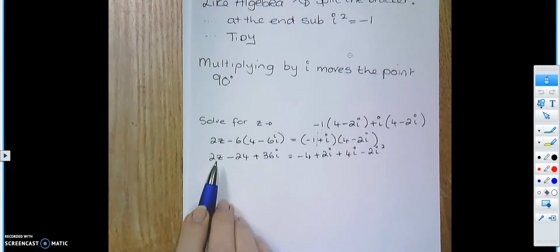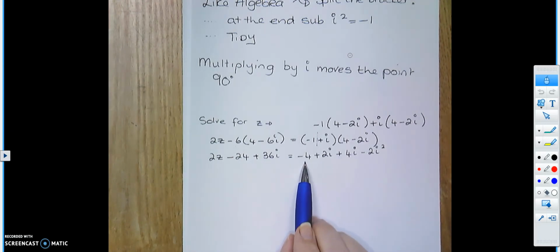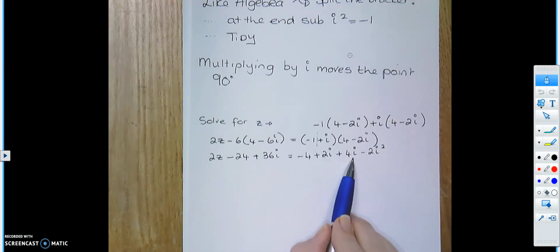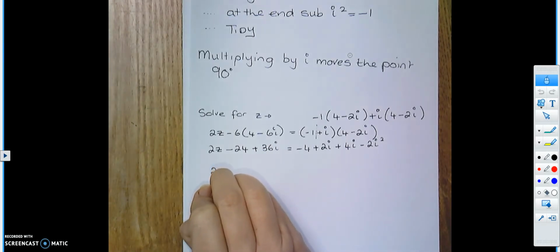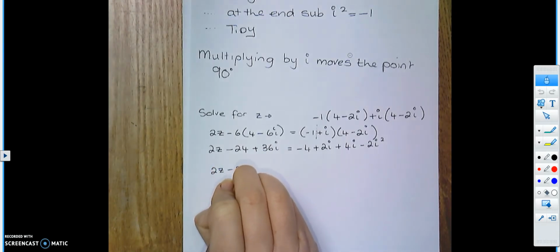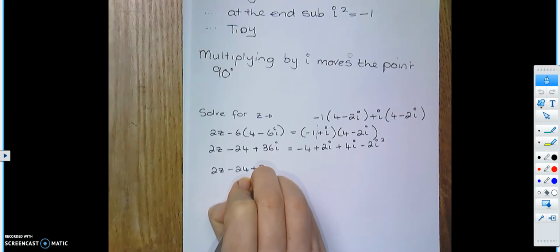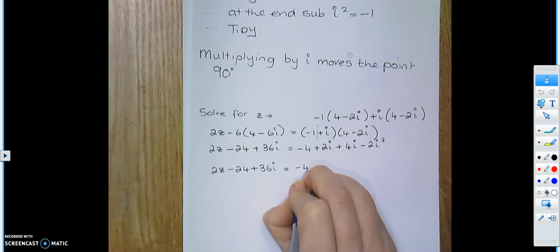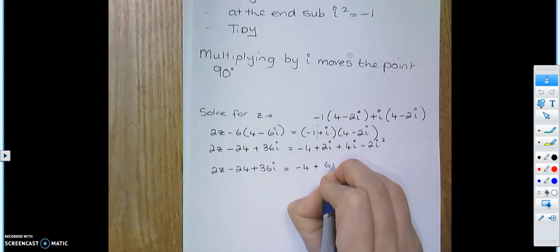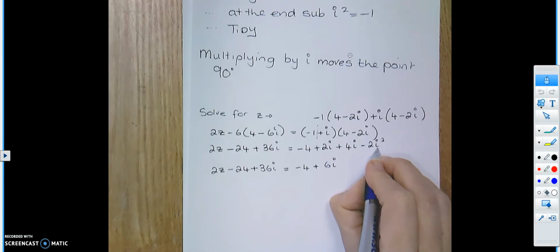So tidying up in here, we've got z's, we've got numbers, we've got i's. So I don't have to tidy anything here. Here we've got a -4, we've got i's, and i squareds. So I'm tidying it up. I get 2z minus 24 plus 36i equals -4 plus 6i, and then this i squared, I'm going to change it to a -1.